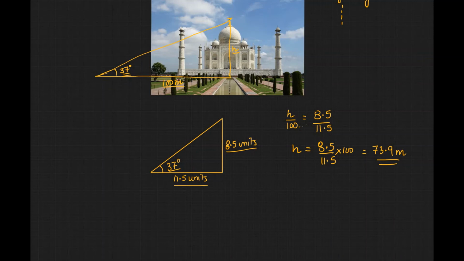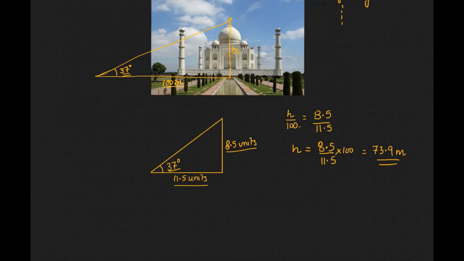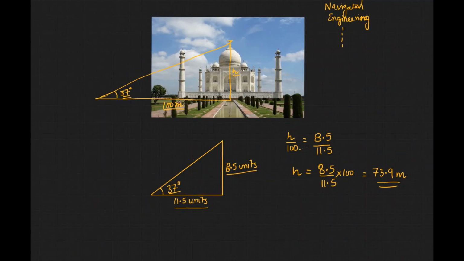Let's look at Wikipedia for the height. Here you go. The height of the Taj Mahal is about 73 meters, and we are pretty close to the height. Using the same method, you can find the height of a tree. Let's say the tree could be here, and you could move away to a distance and measure the elevation.